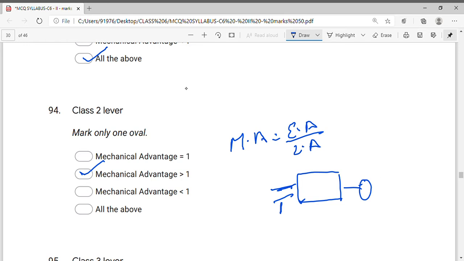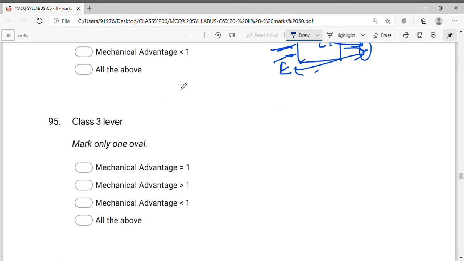Here this is your effort arm and this is the fulcrum. This length would always be greater than the load to fulcrum, so the load arm is always smaller. Suppose this is 1 and this is 2. So mechanical advantage will always be greater than 1.